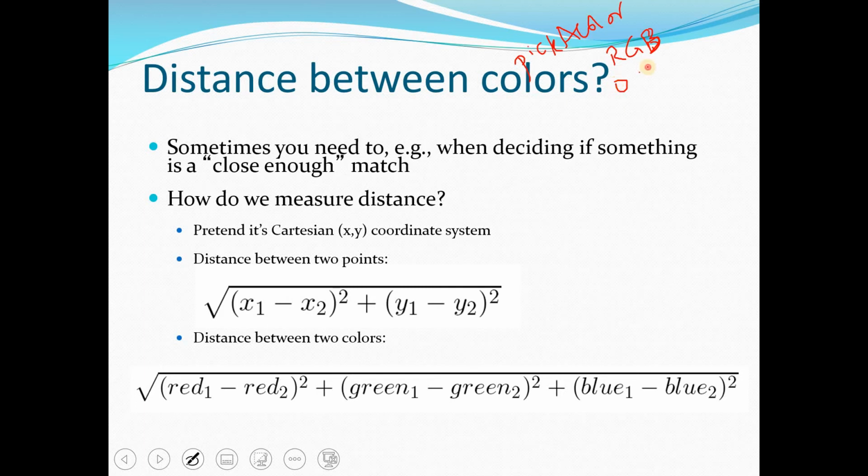For example, R, G and B, if they are 0, 0, 0, what will be the color? Yes, definitely it's black. Now let's say I change RGB a little bit and make it 1, 1 and 1. What will be the color? What do you think? It will still be black.